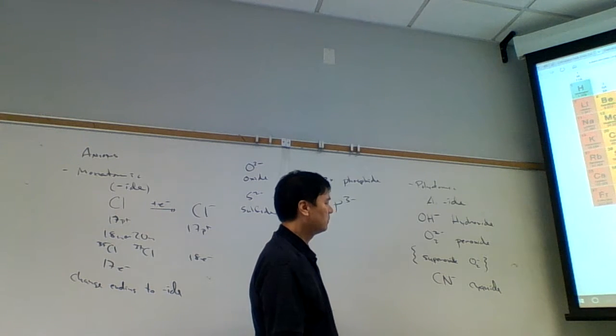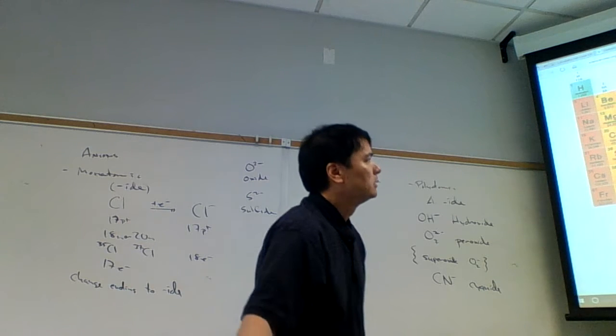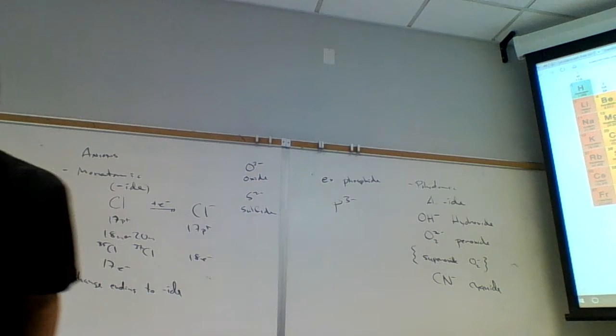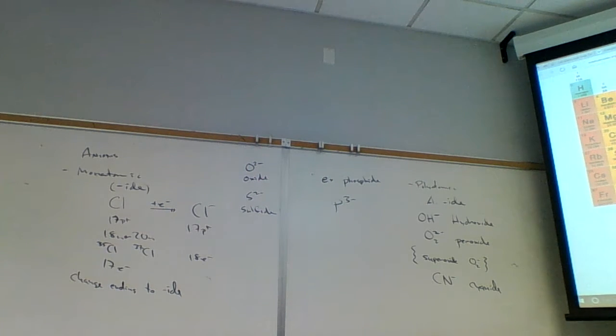I'm thinking I'm missing something, but maybe not. You have a list in your supplement, but I don't have the supplement with me right now. Let me make sure I'm not missing anything on your list from the book. I'm not. I think that's pretty much it.